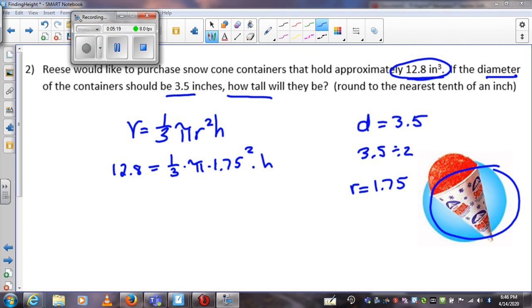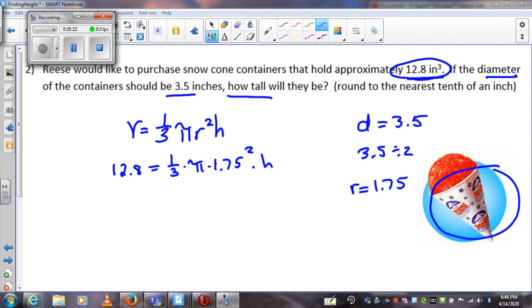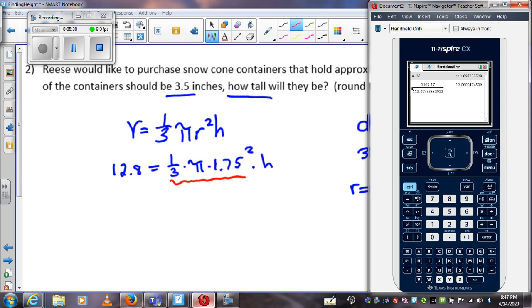So now the next thing I'm going to have to do is punch all this in my calculator, at least this part of it right here. So I just want to change this to a decimal. Not knowing what calculator you have, I'm going to do this very simplistically. So I'm going to do 1 divided by 3 and hit enter. You should get 0.33333. Mine gives me a third, but you should get the decimal.